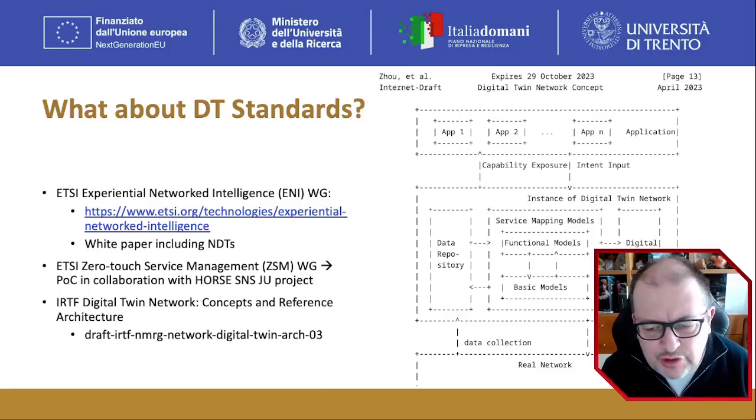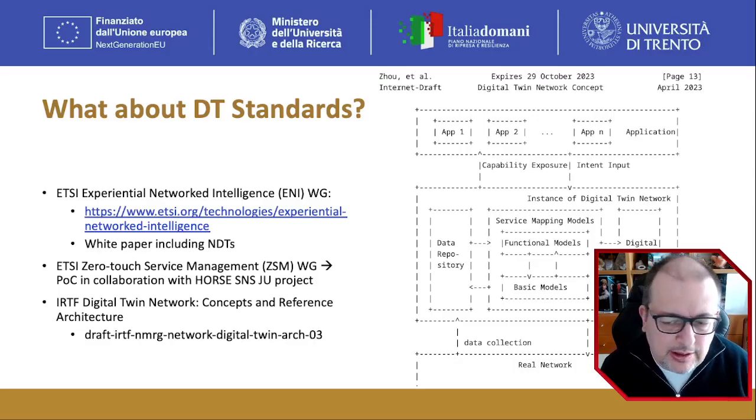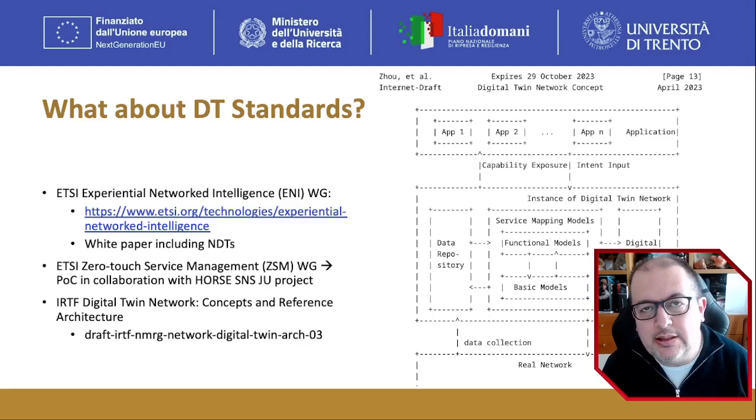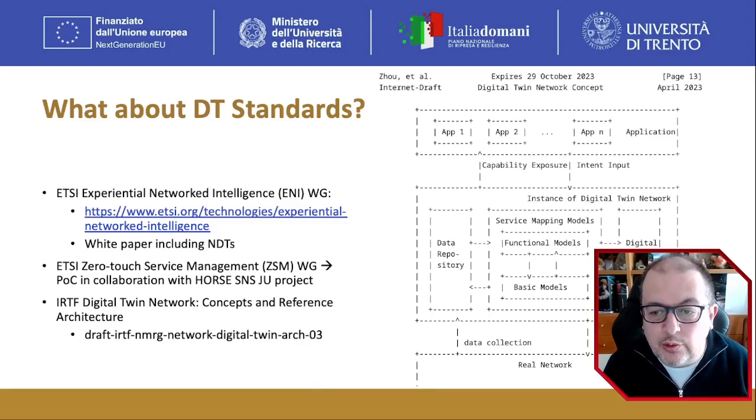However, 3GPP is also actively studying how to integrate digital twins, as well as the Internet Engineering and the Internet Research Task Forces. For example, the Internet Research Task Force has a dedicated working group called Digital Twin Network that is studying the interfaces and how to integrate network digital twins within future networks.